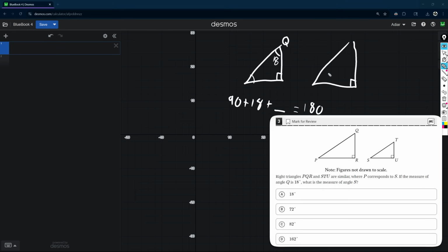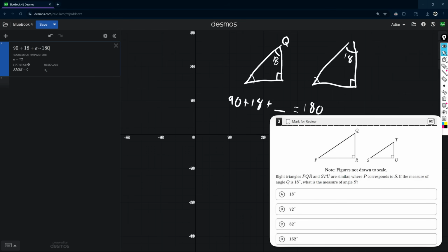And we know that this angle is the same as this angle because they're similar. So this right here is also 18, which is horribly out of scale, but that's okay. So what we can do is just say 90 plus 18 plus some angle is 180.